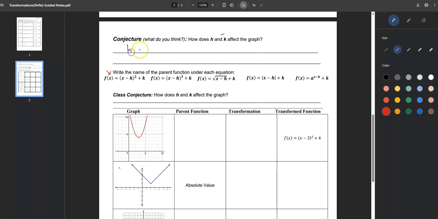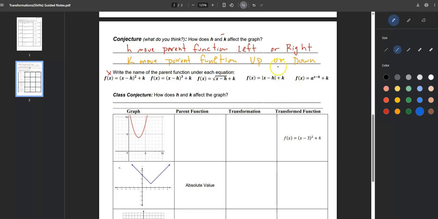Well, guys, H is going to move the parent function either left or right. Okay? And then K is going to move my parent function up or down.